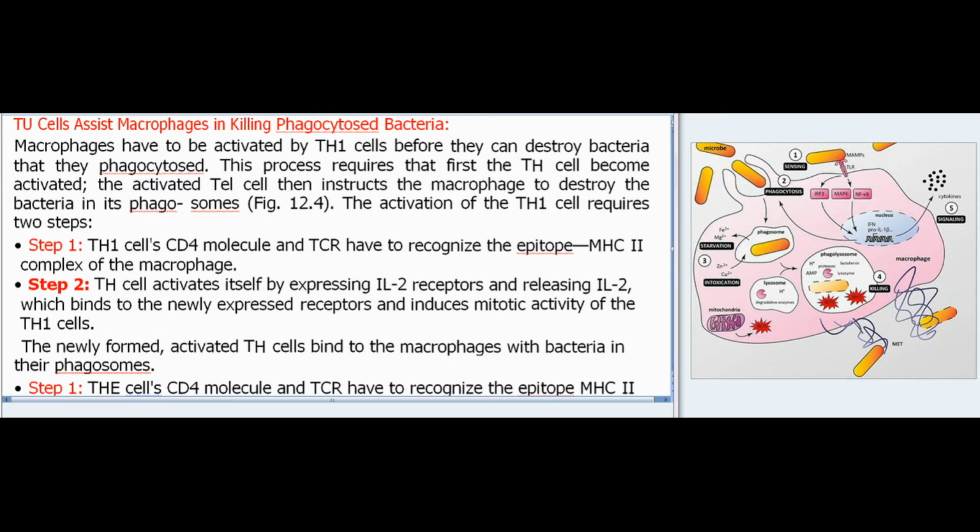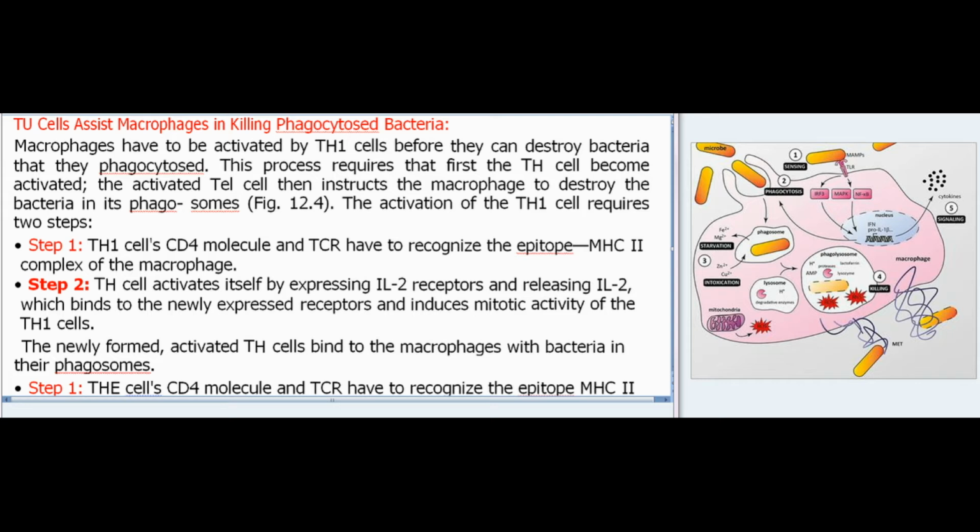Th1 cells assist macrophages in killing phagocytosed bacteria. Macrophages have to be activated by Th1 cells before they can destroy bacteria that they phagocytosed. This process requires that first the Th cell become activated. The activated T cell then instructs the macrophage to destroy the bacteria in its phagosomes, Fig 12.4.